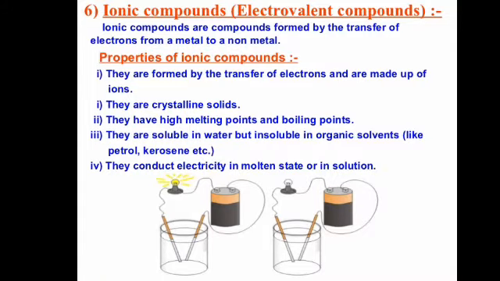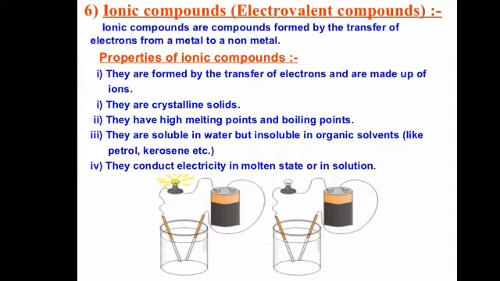Now, ionic compounds are electrovalent compounds. These are the compounds that are formed by the transfer of electrons from a metal to a non-metal. So, in ionic compounds, there are two ions of opposite charge that are bound to each other by electrostatic attraction. These ionic compounds have some unique properties.